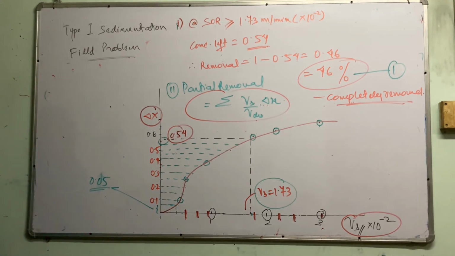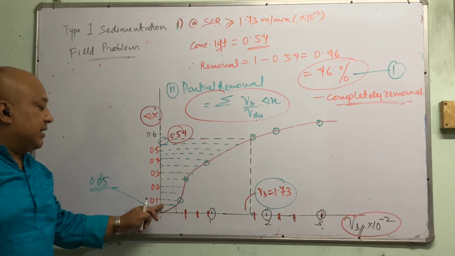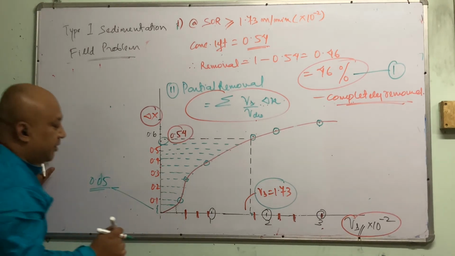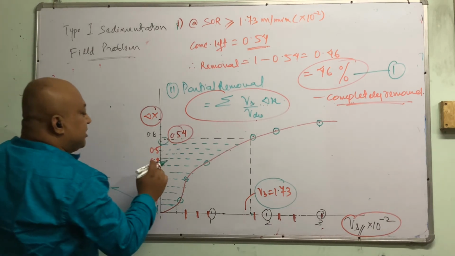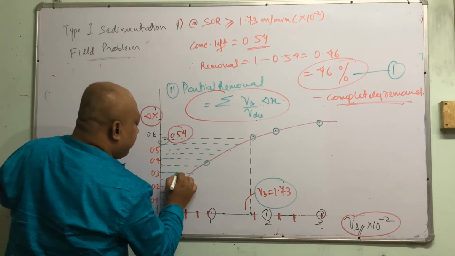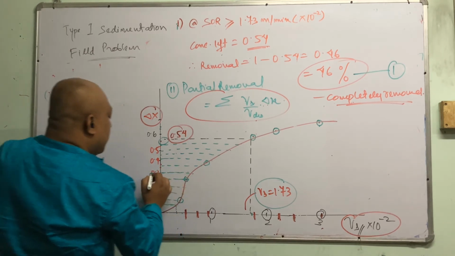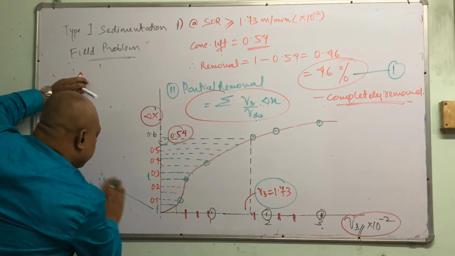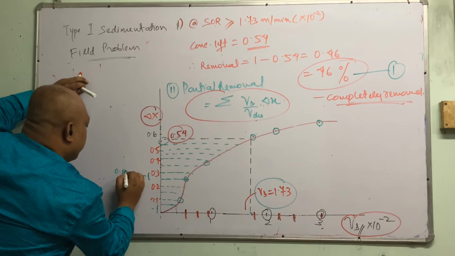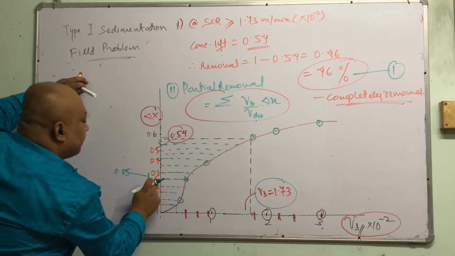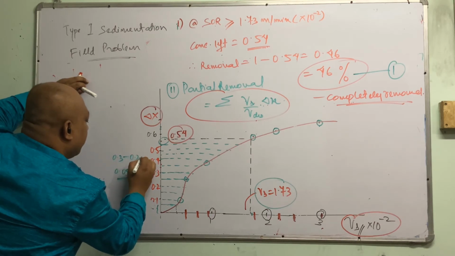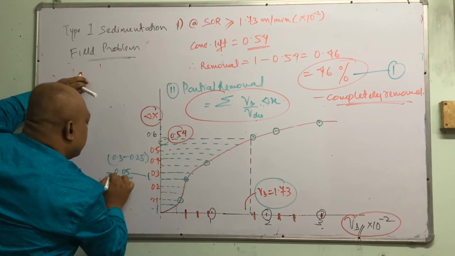For this del V, what is del X? We have to take the mean average. For the easiest part, let me take this part, 0.35 and this one. Here the del X is 0.05. That is 0.25, 0.3. Del x is this one: 0.3 minus 0.25 is equal to 0.05.